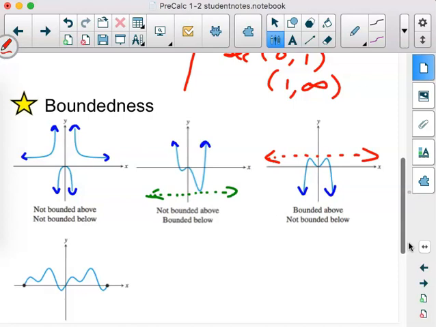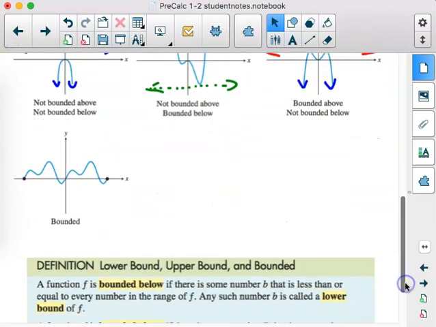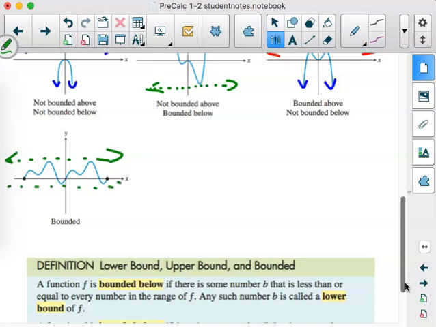Now, you can only call a graph bounded if it is both bounded above and below. So these are little descriptions, bounded above and bounded below, that will eventually lead us to a graph like this, which is bounded.